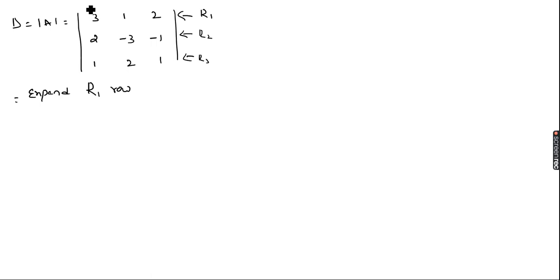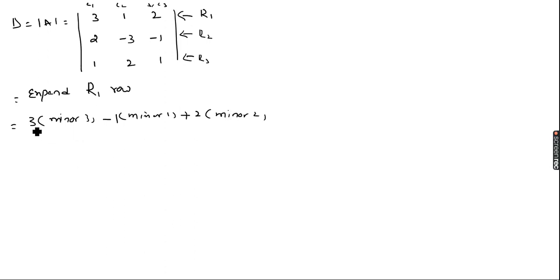This is the first row, second row and third row, and these are the first, second and third columns. What is the R1 row? 3, 1, 2. So we do 3 into the minor of 3, minus 1 into the minor of 1, plus 2 into the minor of 2.